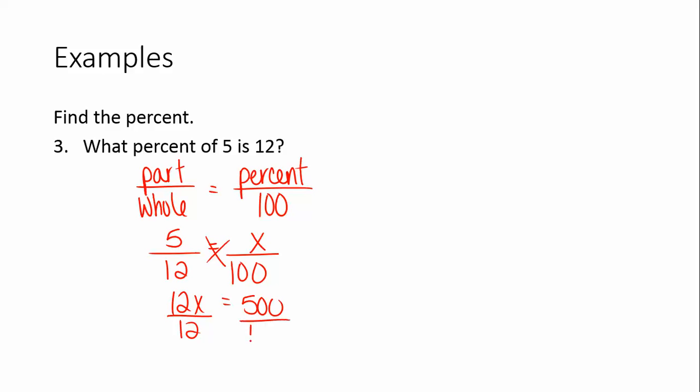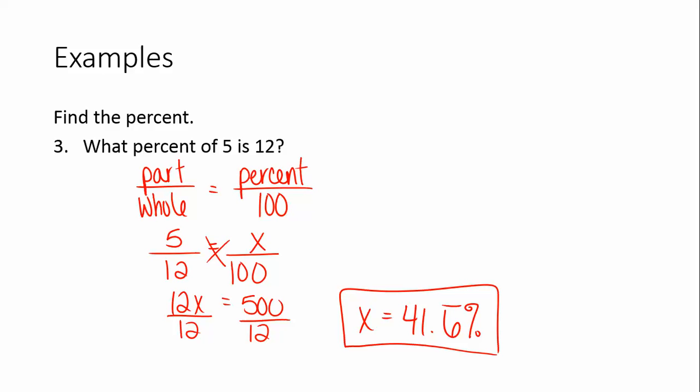Divide both sides by 12. And we get that x equals 41.6 repeating. So we would say 41.6 repeating percent. If it did tell you to round, then you would just round it to whatever decimal place it says. But that means that 5 is 41.6 repeating percent of 12.